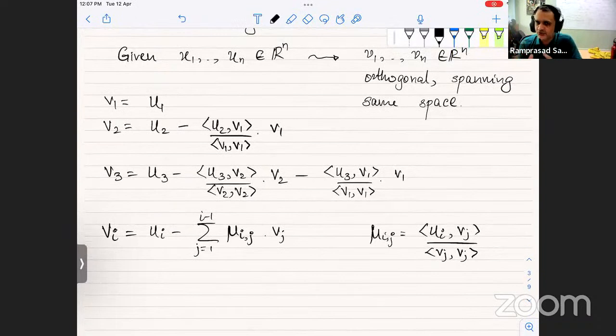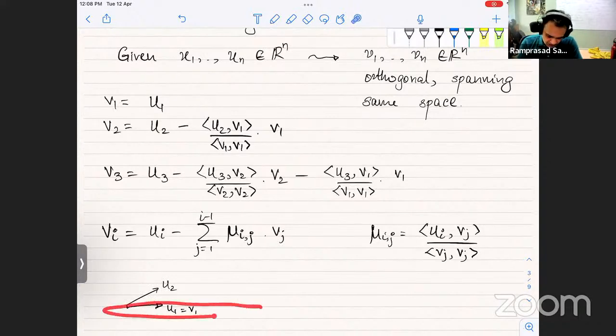What is Gram-Schmidt doing? To begin with, I had a vector space which was maybe spanned by this thing, U1, which I decided to call V1. Now I got a new vector, U2. And what we said is basically the following: this is the space that I'm currently spanning.